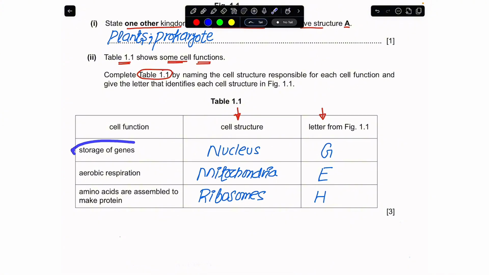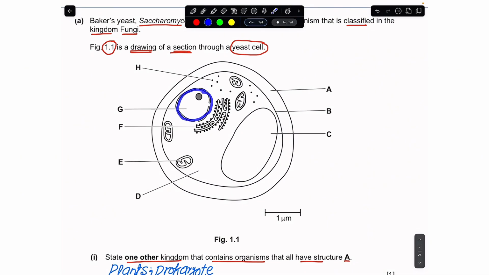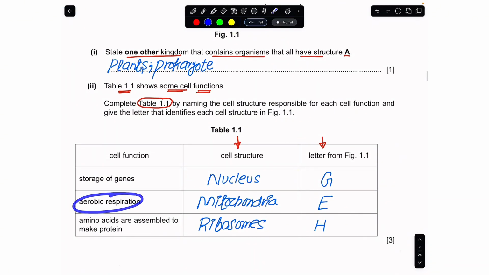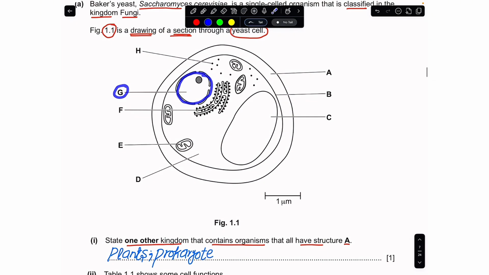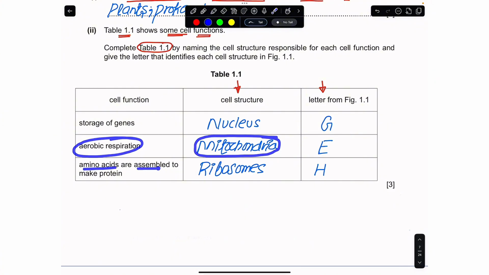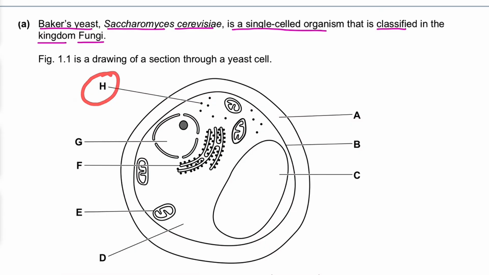They say the storage of genes, and we know the genes are stored within the nucleus, and the letter used is G. They say aerobic respiration, so we know this is accomplished by the mitochondria, and the letter you are required to write is E. And when they say amino acids are assembled to make protein, these are the ribosomes, and the letter which we have to use is H. So I hope you have got an idea of how the questions can appear from the bacterial cells and from the fungal cells.